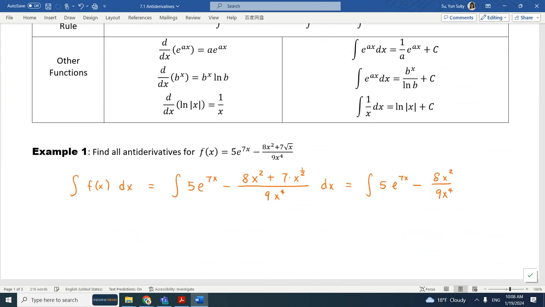We want to simplify, so we want to split them. We have this over that. When we split them, the next term is going to be plus or minus. The minus is like you distribute.